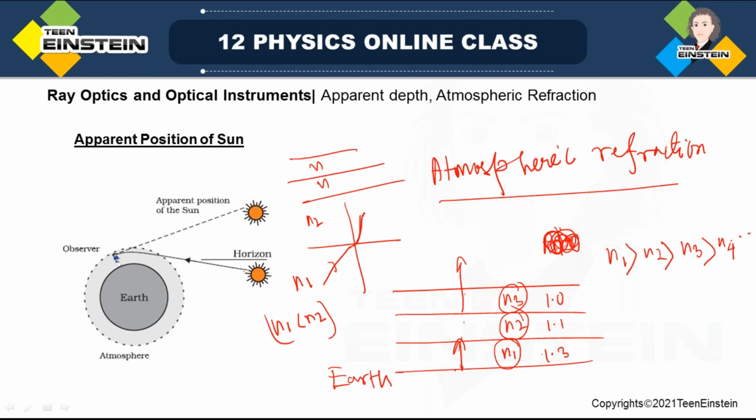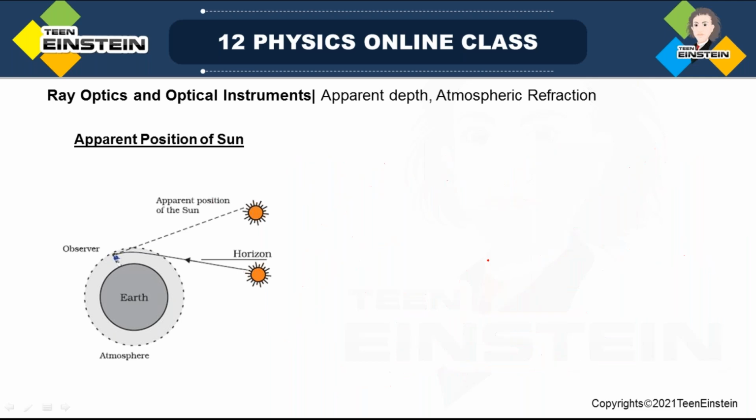The refracted ray always bends towards the normal, and because of that, as it goes near the normal, it will just go like this. Again it will go like this, there are many layers, right? So it will be bending all the way in each layer.